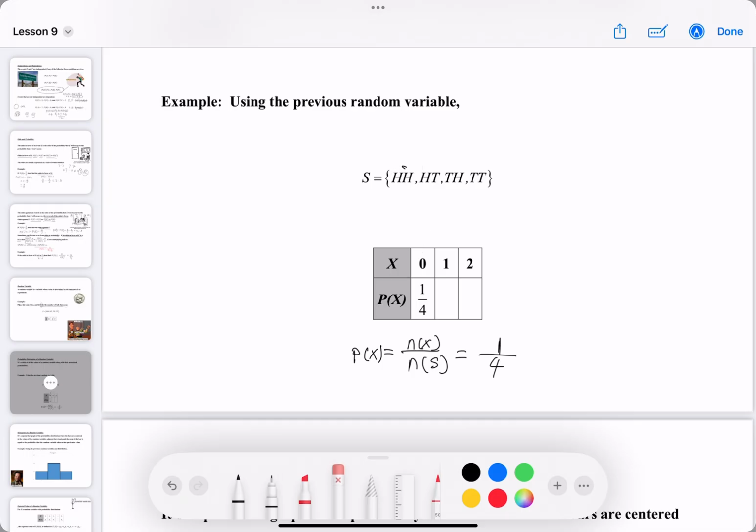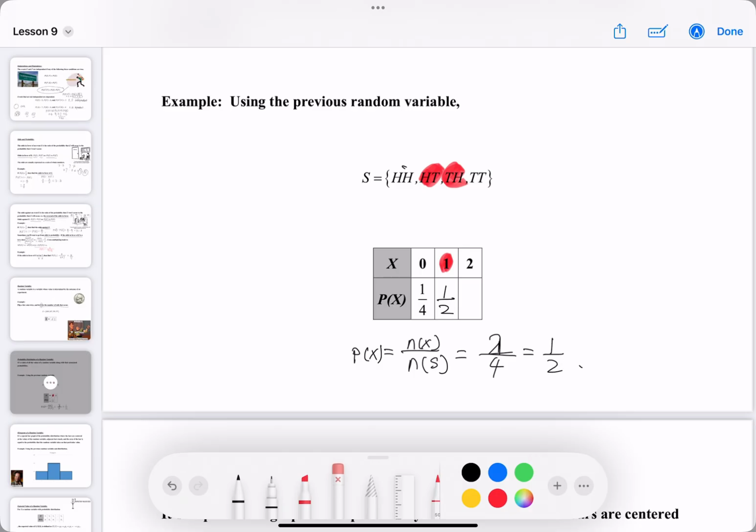And how about when tails appear 1 time? These 2 events have 1 tail. That means 2 over 4. So P of X is 2 over 4, which simplifies to 1/2.